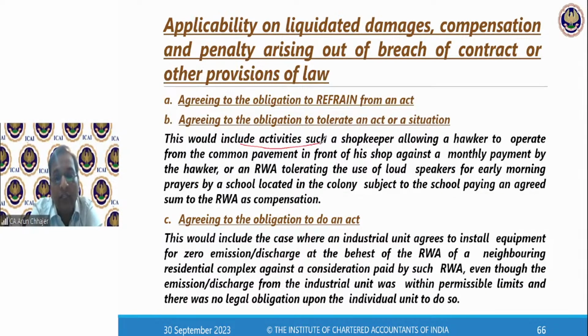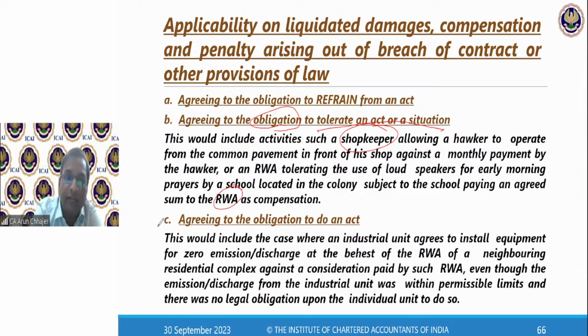They are saying this would include activities such as a shopkeeper allowing the hawker to operate from the common area in front of his shop against monthly payment by the hawker, or another example, an RWA tolerating the use of the loudspeaker for early morning prayer by a school located in that colony, subject to the school paying an agreed amount to the RWA as compensation. So the payment received by the shopkeeper and the payment received by the RWA will be considered agreeing to the obligation to tolerate an act or a situation and liable to be taxed.